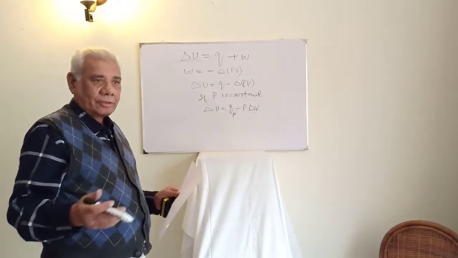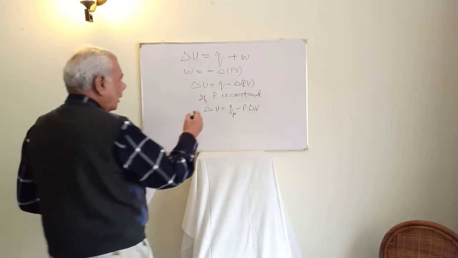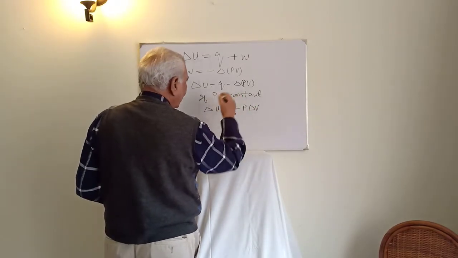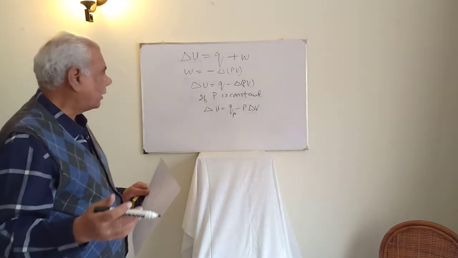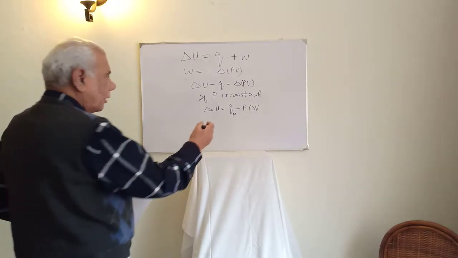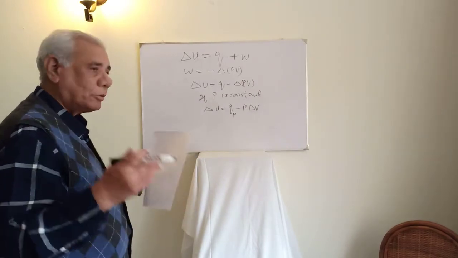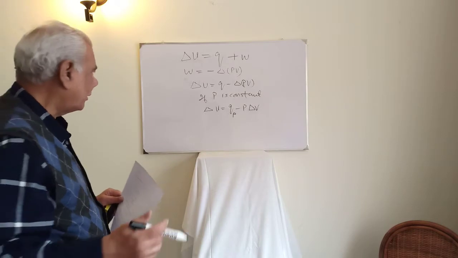Now if the process is carried out at constant pressure, then delta U is Q minus P delta V, because P is constant, only the volume will change. The subscript P is written here to indicate that the pressure is constant in the process.